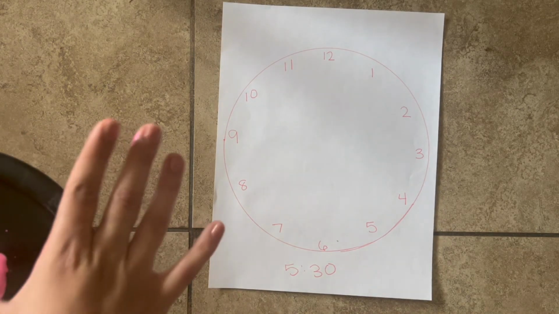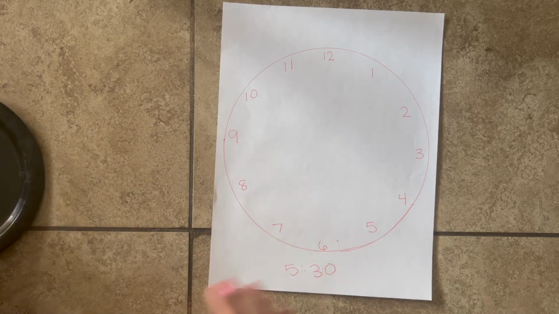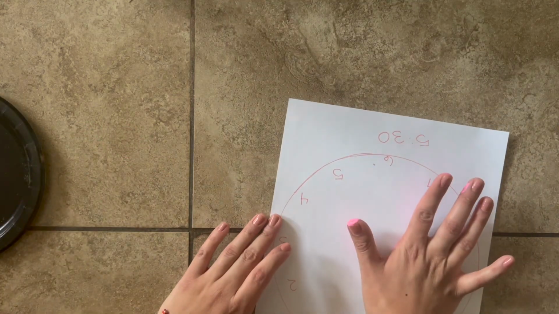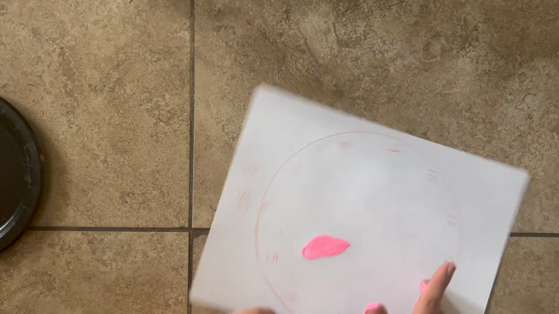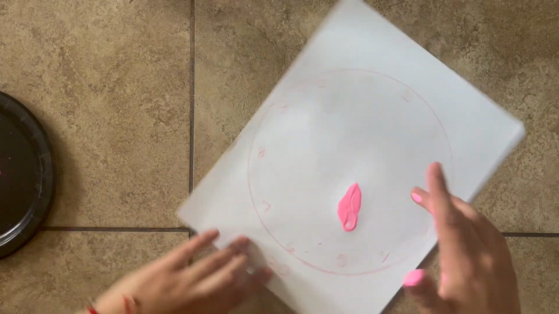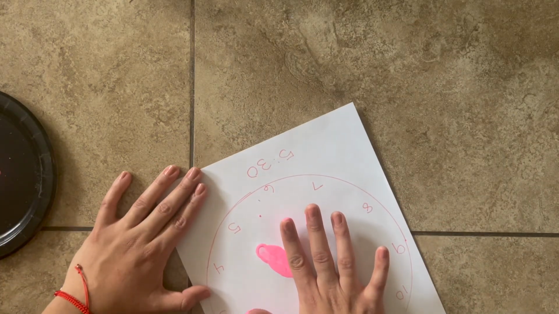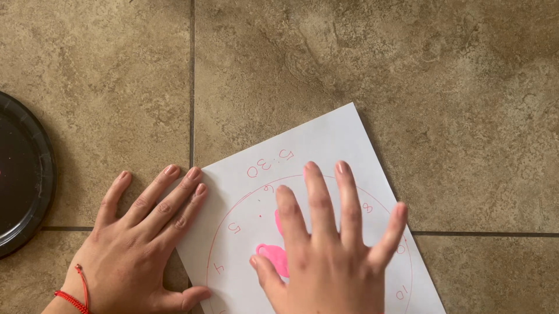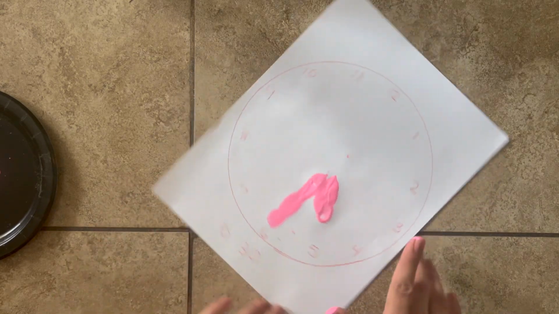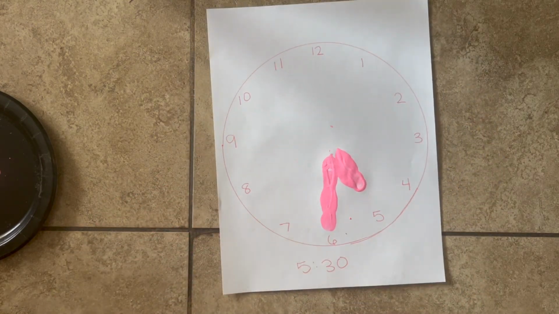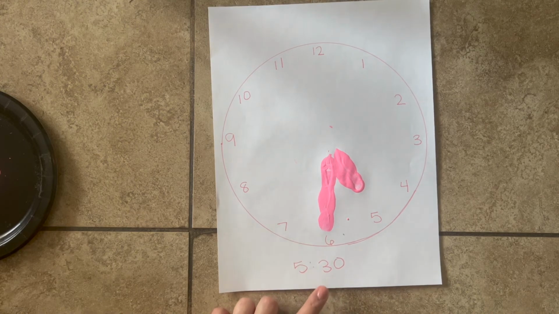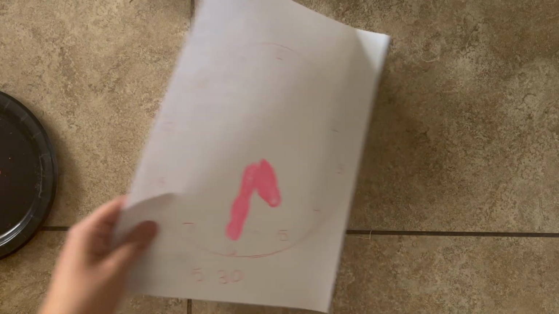Your little hand or your thumbprint should be pointed towards the 5, and your index finger should be pointed towards the 6. That makes 5:30.